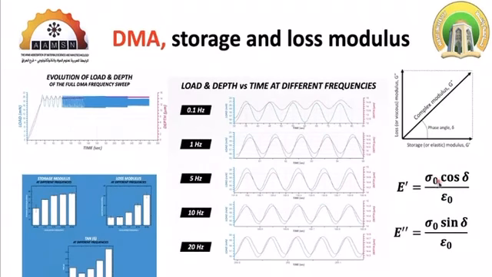It's the complex modulus times cosine delta, and the complex modulus times sine delta. Okay, so delta is the phase angle between the complex and the storage modulus.